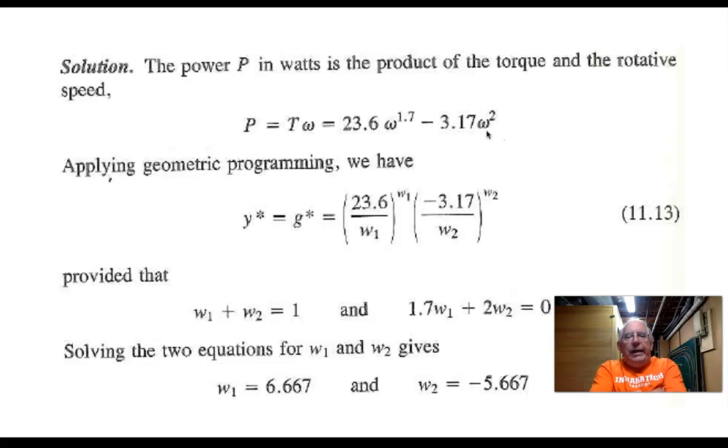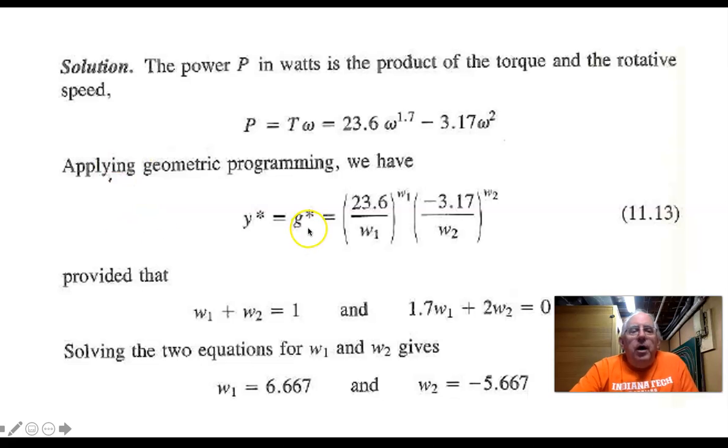Again, we could very easily use calculus, taking the derivative of power with respect to omega, setting that equal to 0, and solving for the value of omega that provides the maximum value, and then substitute that back in for the magnitude of the power itself.